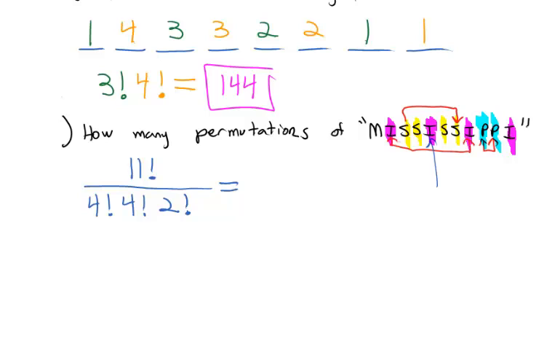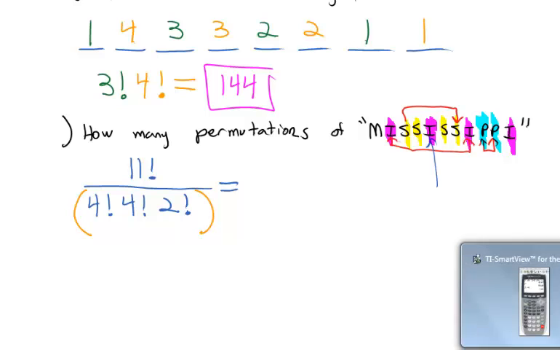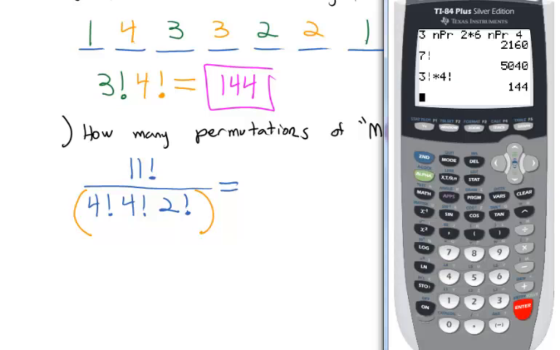As we type this into our calculator, we need to make sure the calculator knows all that stuff is in the denominator. Otherwise, it'll think the last 4 and the 2 are in the numerator, and that's wrong. So make sure the denominator is in parentheses because there's a lot of stuff happening there.